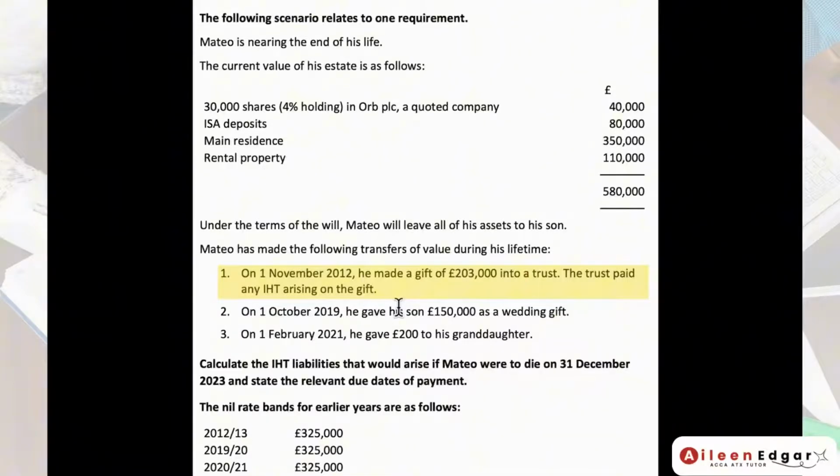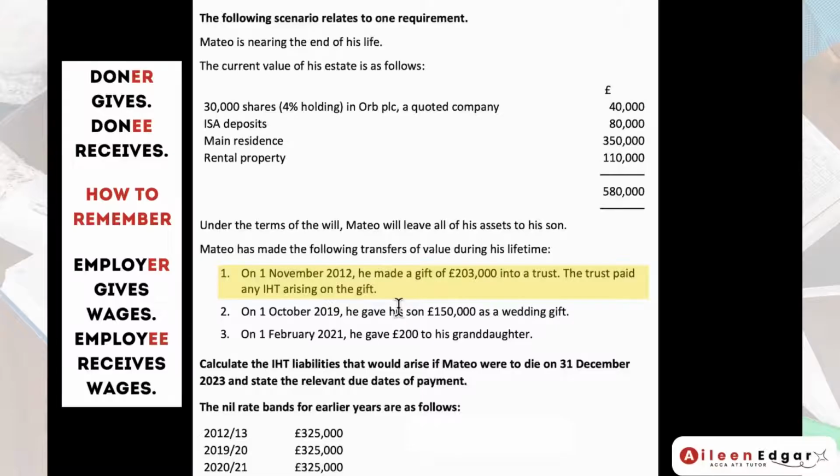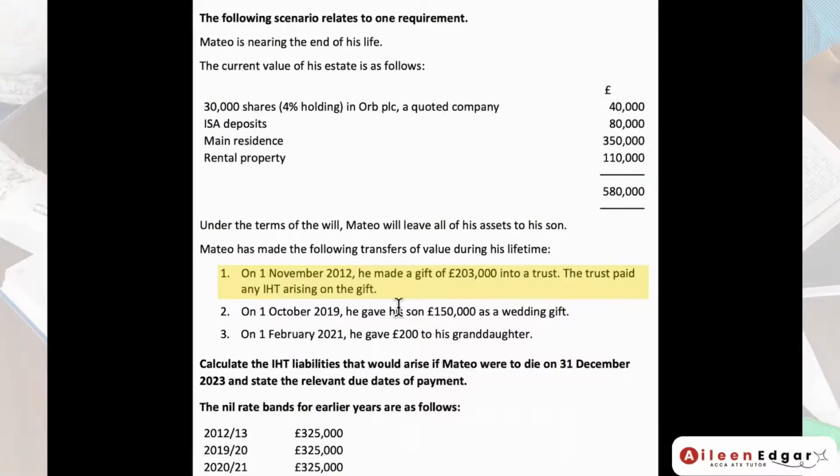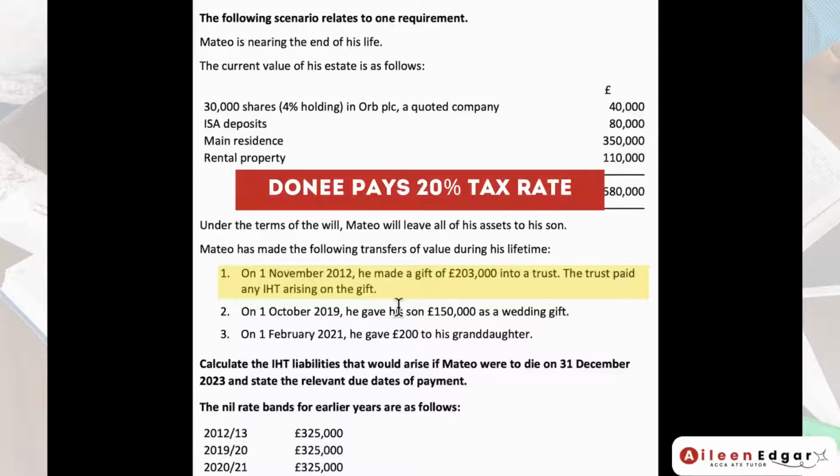They are the donee, the party that is receiving the gift. And if it is the donee that is paying the tax, well, what tax rate would they be paying during lifetime, during the donor's lifetime? What tax rate would we use if the donee is paying the tax? We use 20.